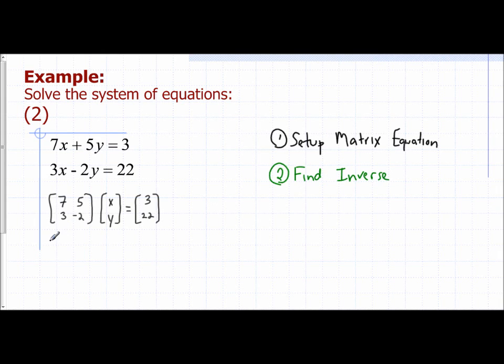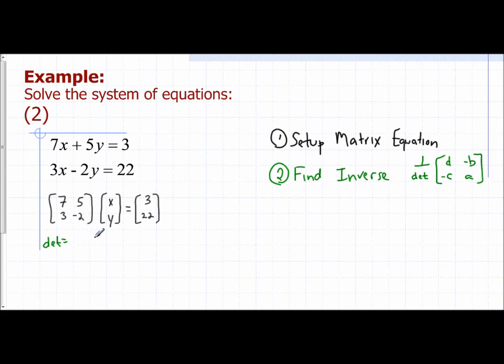And so to find the inverse, you need to first get your determinant. Let's remember inverse is 1 over our determinant, where our a and d switch positions. You change the sign of b and you change the sign of c.